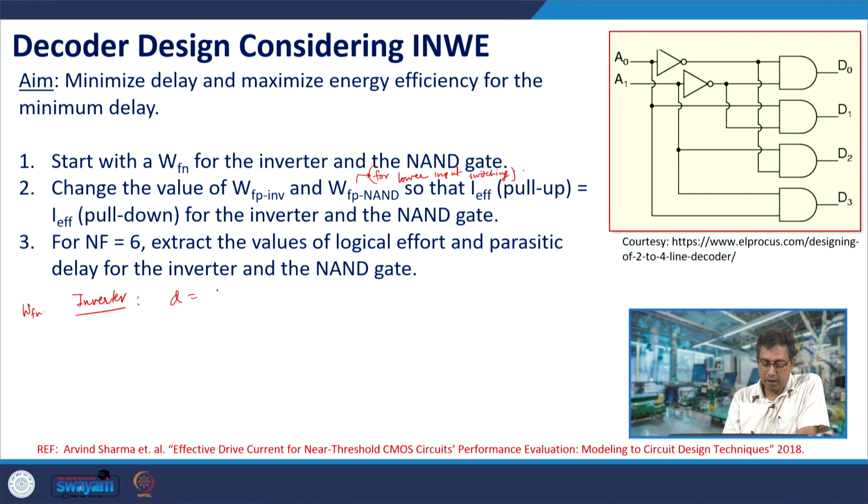Delay is delta, the intrinsic delay, into H, the electrical effort, plus parasitic delay into delta. So, what is this in terms of effective current?